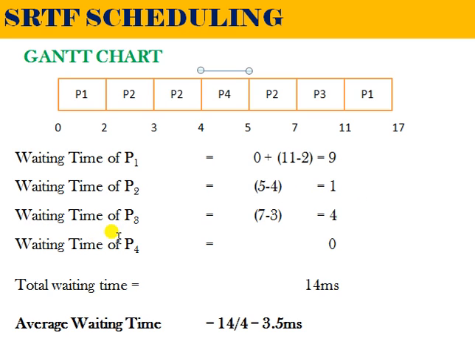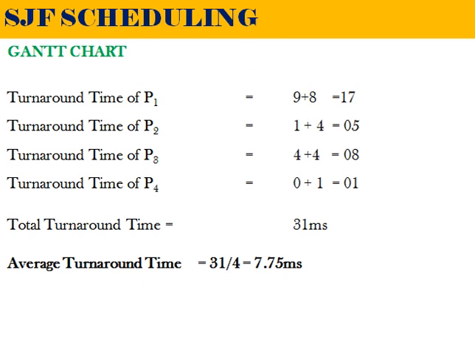Waiting time of P3: P3 arrives at 3 but gets the chance at 7, so 7 minus 3 equals 4. Waiting time of P4: P4 arrives at 4 units and gets the chance at 4 only, so waiting time is 0. So total waiting time equals 14, and average waiting time is 14 by 4, that is 3.5 ms.